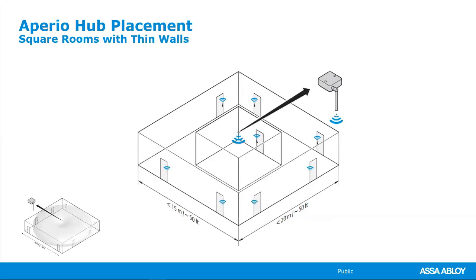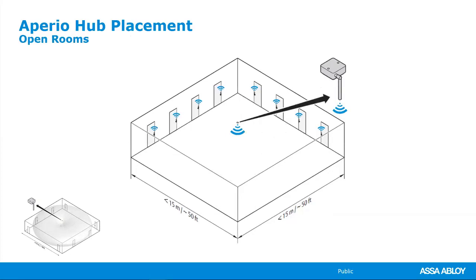So here's another option. You could put this hub in the center of the room, again, utilizing that antenna, and encompass all those doors with just one hub. And again, finally, speaking to an open room, we have this situation where, again, you can use one in the center.